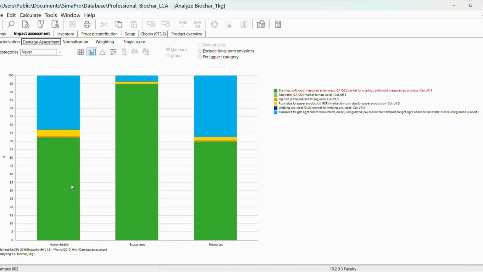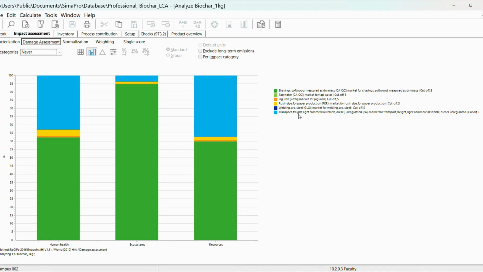Here also you can see that much of the health damage is due to firewood only, or due to that softwood which is used here in the production of biochar. And then the second contributor is again transportation.